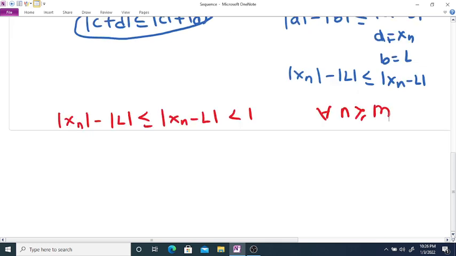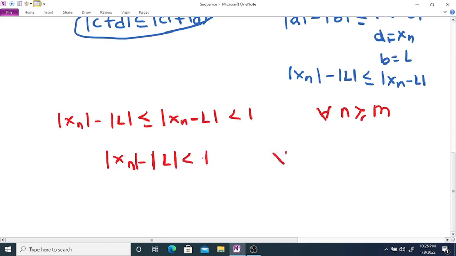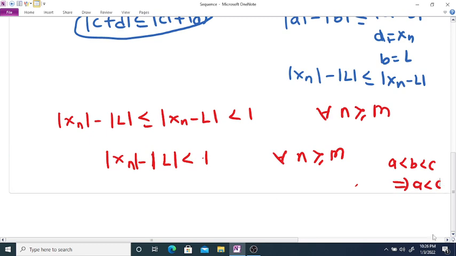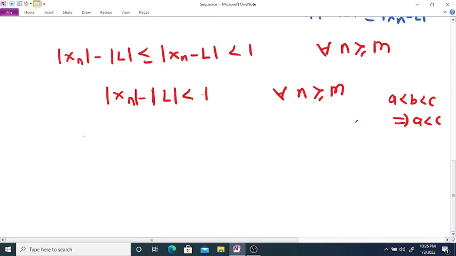From this we can write |xn| minus |L| less than 1 for every n greater than or equal to m, since a less than b less than c implies a is less than c.